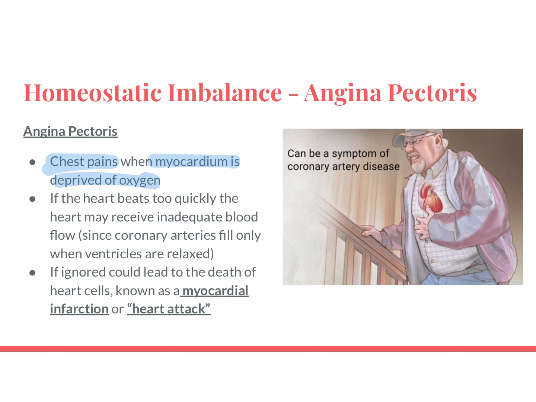So if your heart beats too quickly, it can cause that. And maybe if you have a blockage in the coronary arteries, and if the chest pain is ignored, it could lead to a myocardial infarction or a heart attack. So chest pain could be a sign of your heart muscle being deprived of oxygen and should definitely not be ignored.